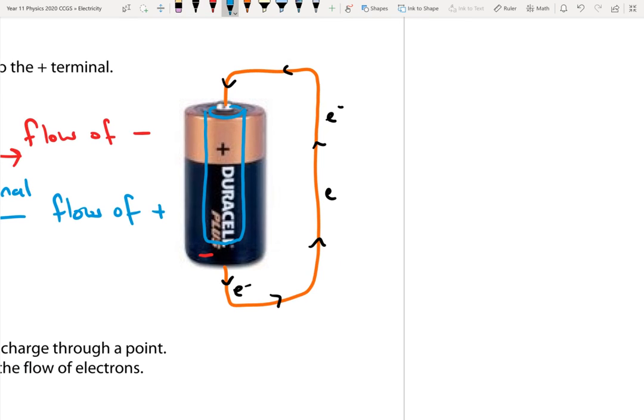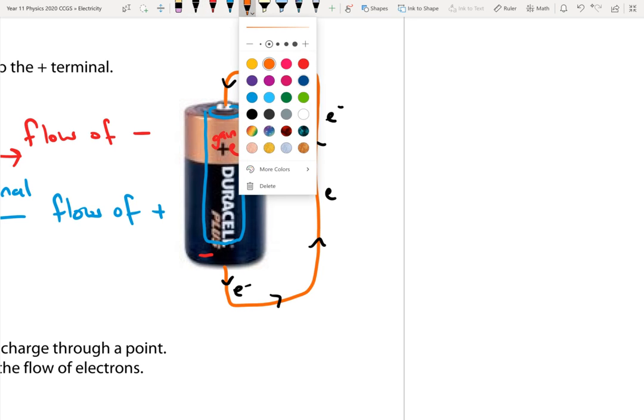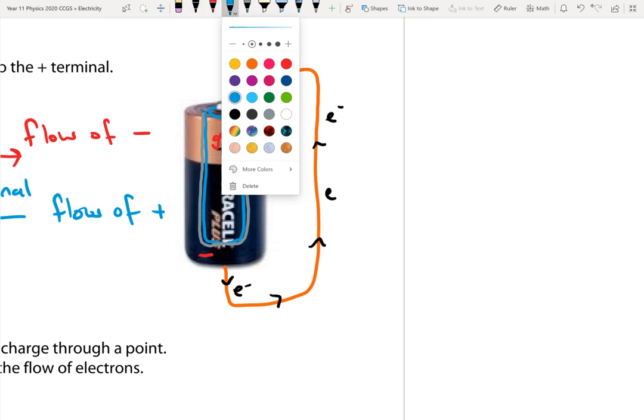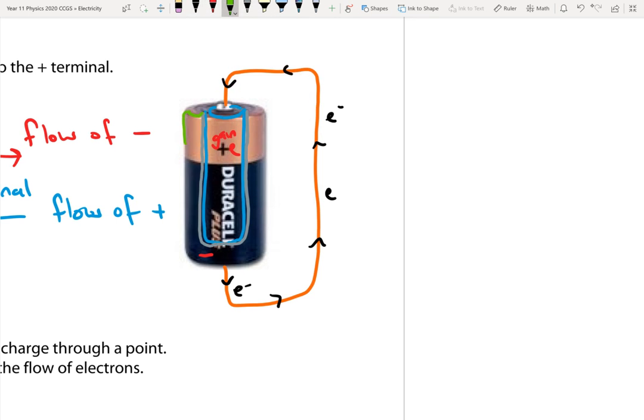You have one material that really wants to gain electrons in the middle, and you have that insulated by some insulating material because we don't want the electrons to flow inside the battery, so we keep them separated. And then the outside material just really wants to lose electrons, and that's your anode, I think.